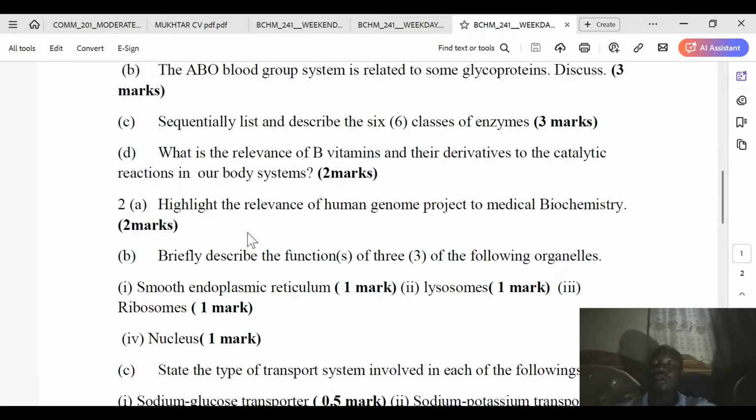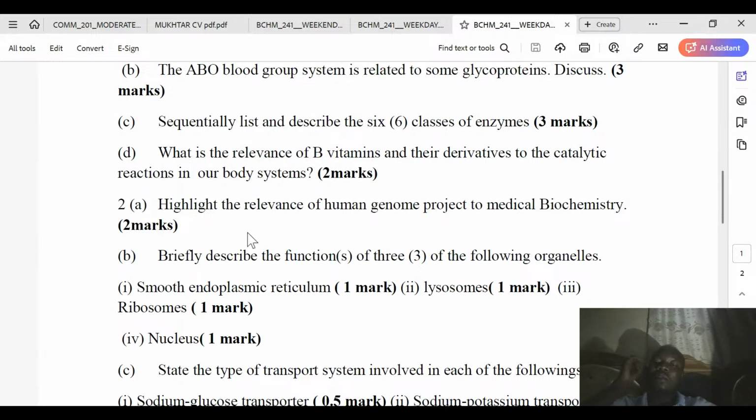But remember, I told you that we have proenzymes and we have holoenzymes. What are proenzymes? Proenzymes are inactive enzymes, while holoenzymes are active enzymes.